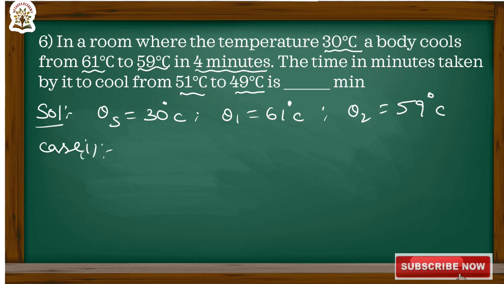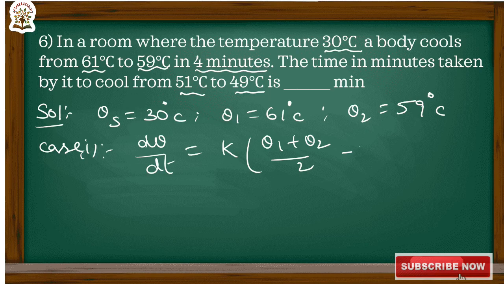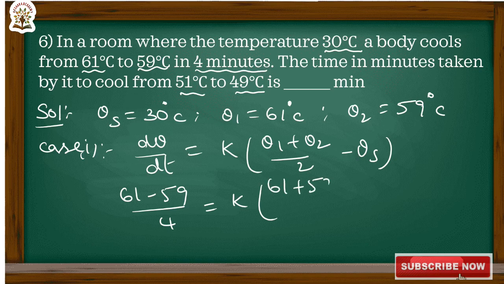From Newton's law of cooling, d theta by dt is equal to k of (theta 1 plus theta 2) by 2 minus theta s. Substituting the values, (61 minus 59) by 4 is equal to k of (61 plus 59) by 2 minus the temperature of surroundings, they have given 30 degree centigrade.